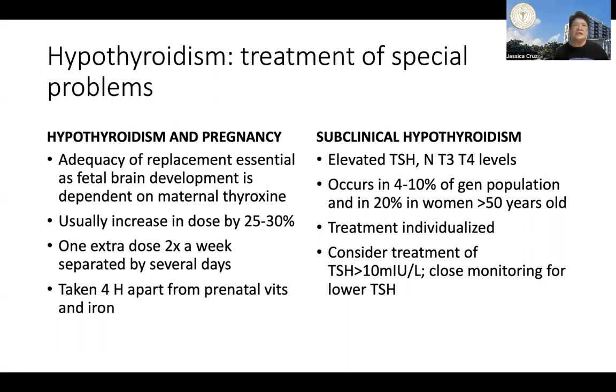So this is like one extra dose twice a day. Separated by days. So the extra dose, kasi if it's usually once a week, pag buntis yan, dinodoble. So twice a week, kung galing siya sa once a week. But the interval should be separated by a few days para hindi masyadong mataas yung risk ng cardiac activation.